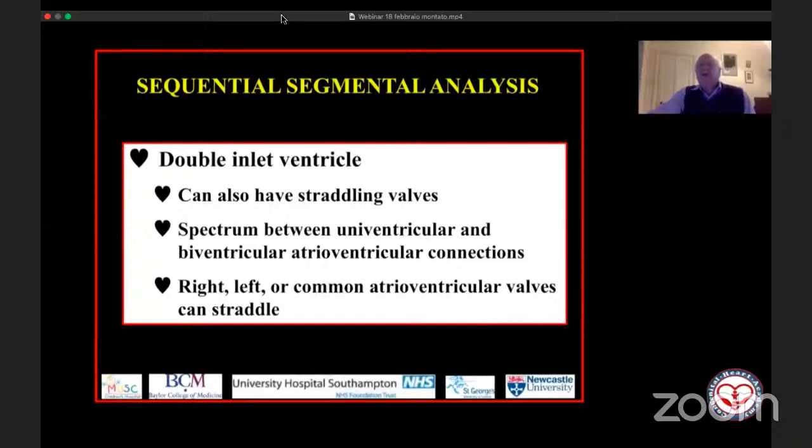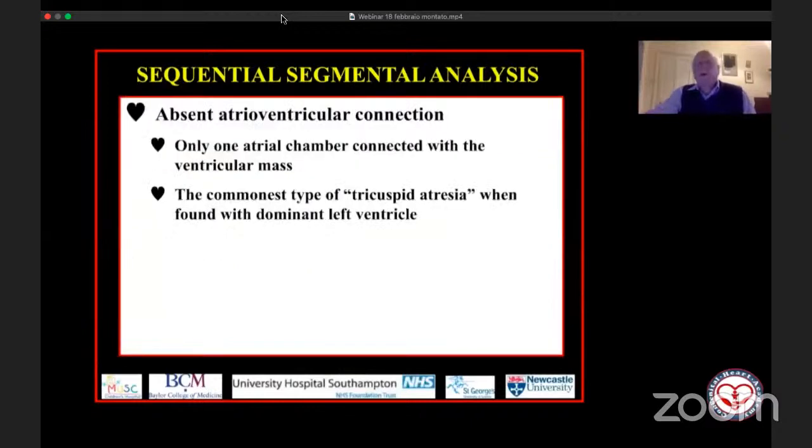This is the only situation in which the connections of a straddling valve will change the type of connection that is present. But let's move on and look at the other variants that produce univentricular atrioventricular connection.